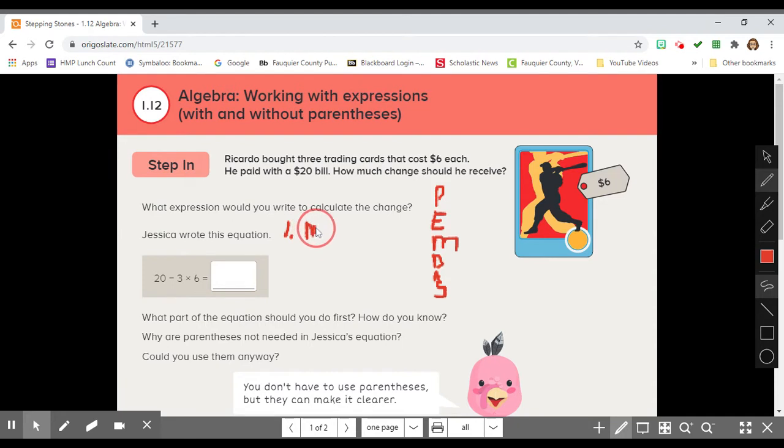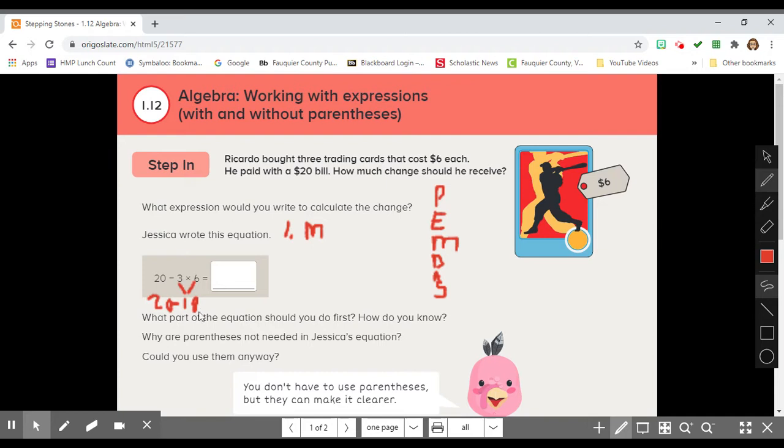So we're doing the multiplication first, which is 3 times 6. 3 times 6 is 18. It's not asking us to do this, but we're going to talk about it. So now we bring down the rest of the equation to have a brand new equation. 20 minus 18 is the new equation.